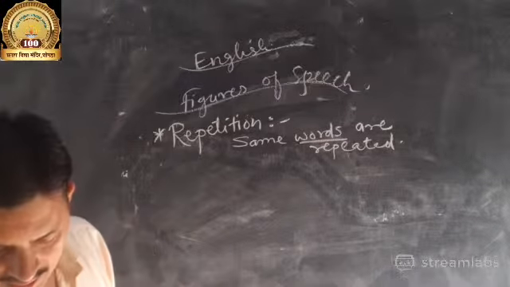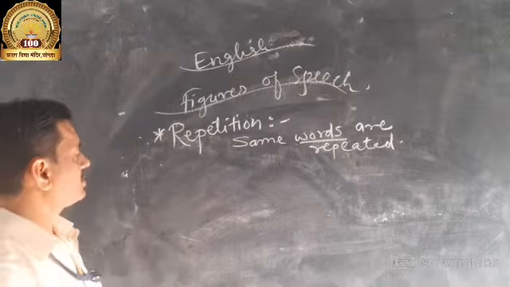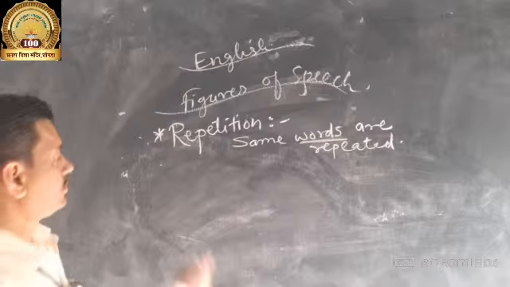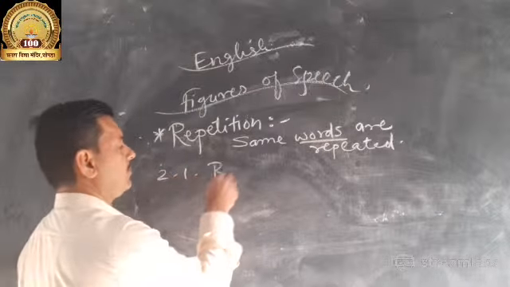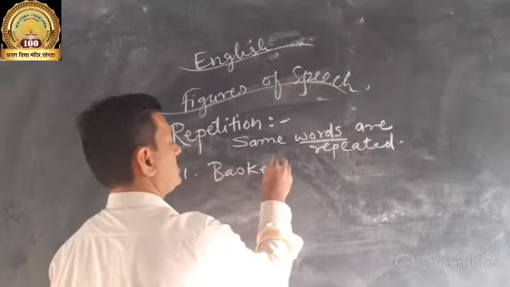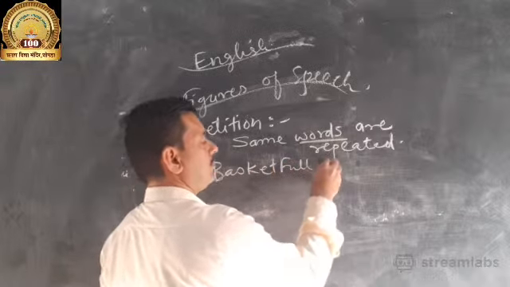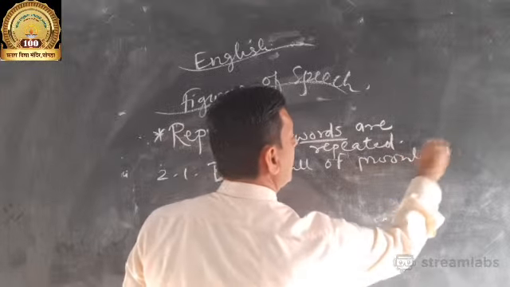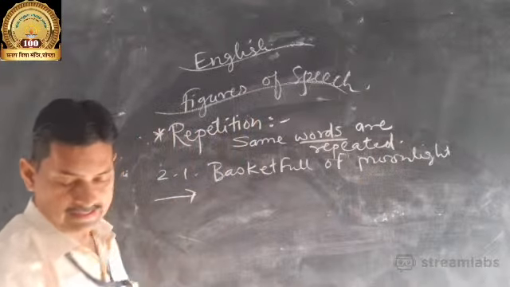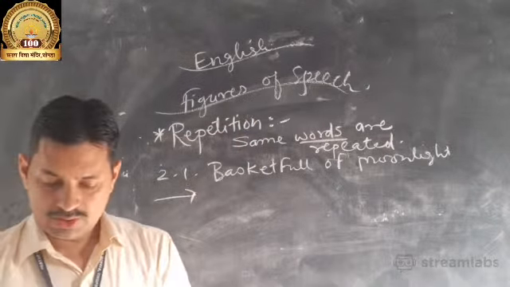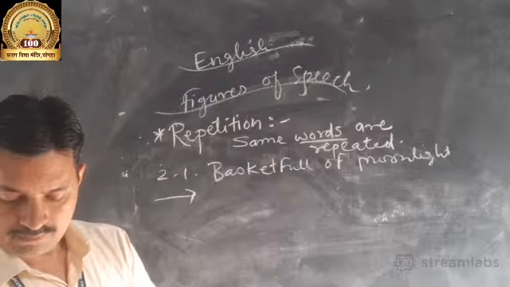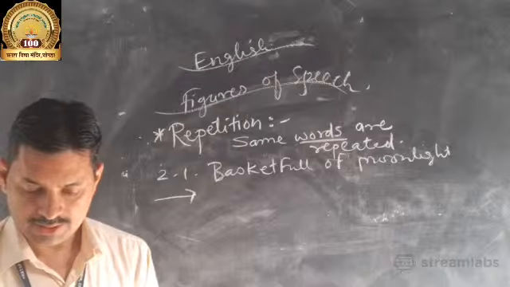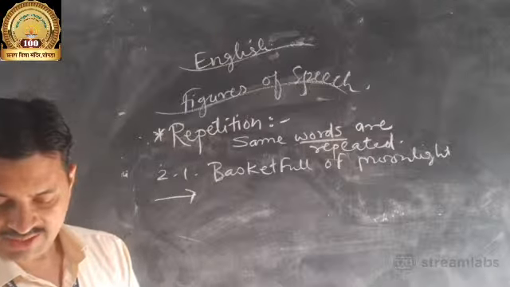As far as this figure of speech is concerned, I would like to tell you, in poem 2.2, Basket Full of Moonlight. Now in this poem, you can see the line: Basket full of moonlight.